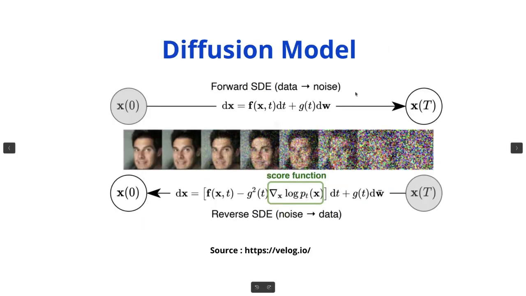Next we have the diffusion model. This is the most advanced model out there, where we add noise, random garbage values, to our images, and the diffusion model tries to remove the noise. So we train our diffusion model to remove the noise.